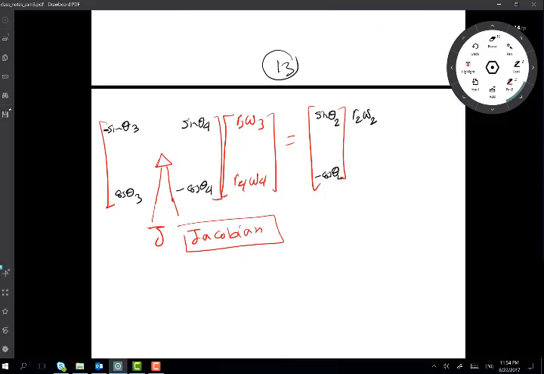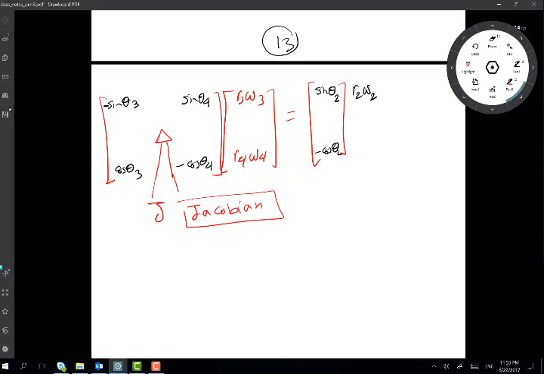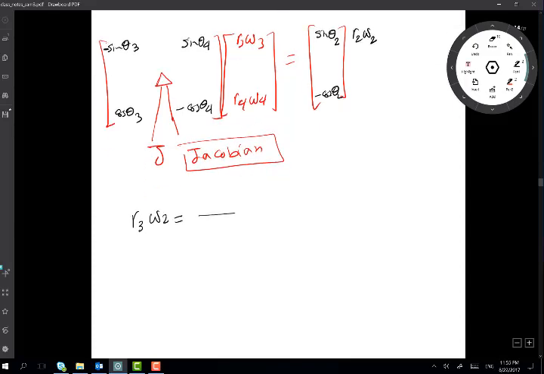Now this Jacobian matrix is important because if I want to calculate R3 omega 3, which corresponds to x1, I use Cramer's rule. So I have to use the determinant of the Jacobian.